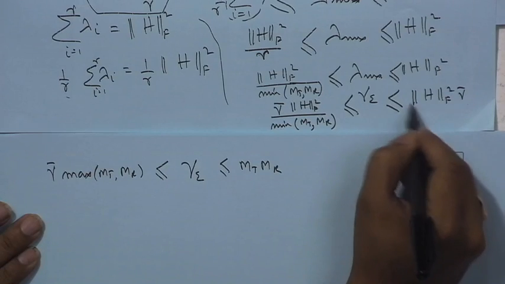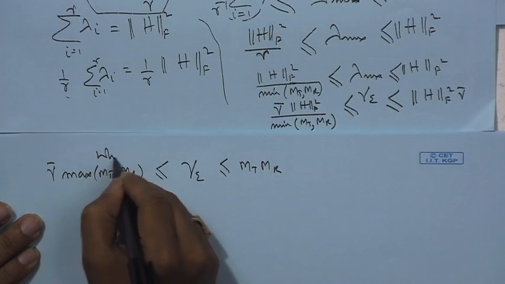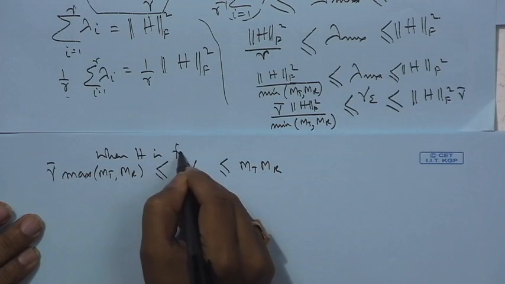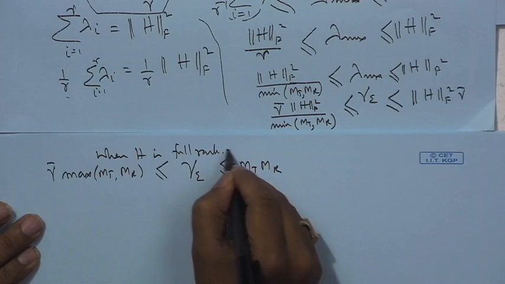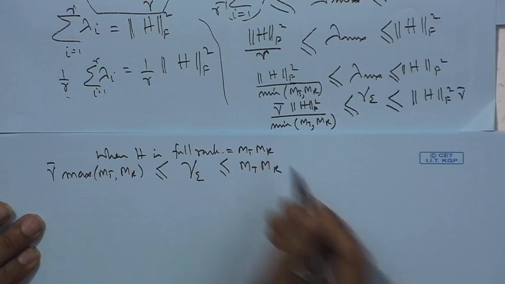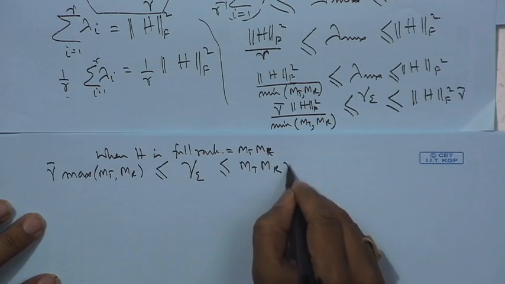So when H is full rank, this is MT times MR, times gamma bar.